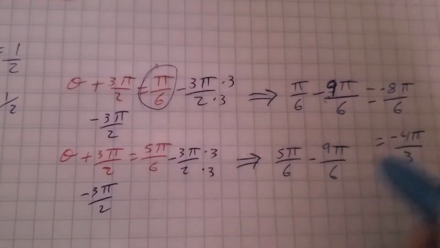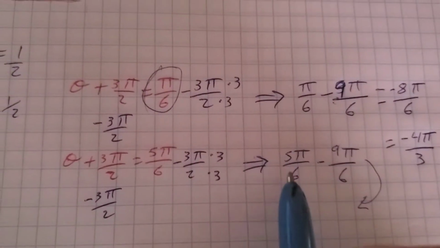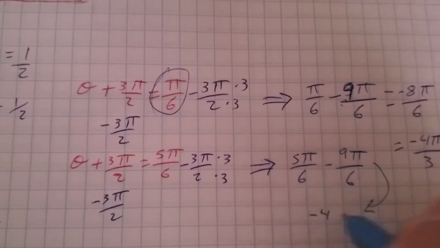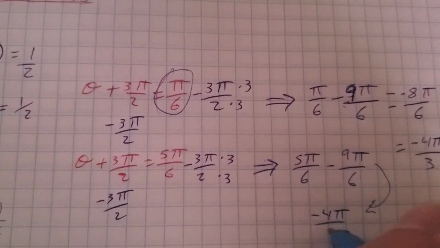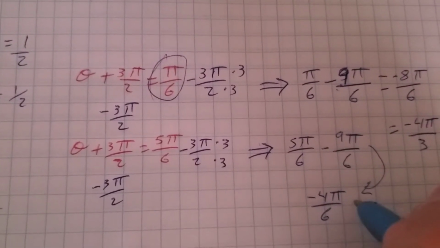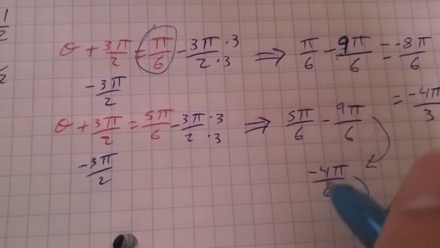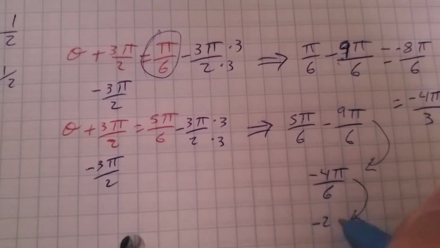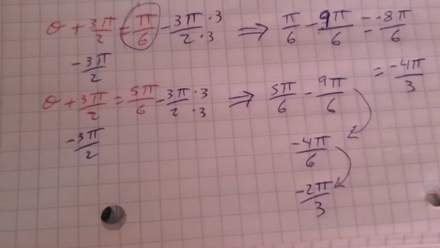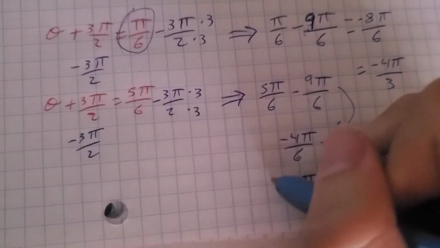This gives me 5 pi and negative 9 pi, that's negative 4 pi over 6. And I can simplify this a little more, because it's even, to negative 2 pi over 3.